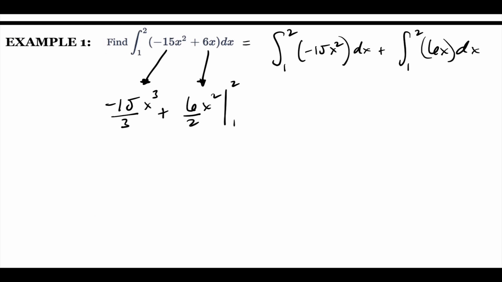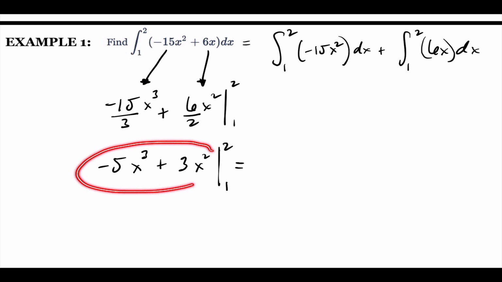That's where we're going to evaluate it, from 1 to 2. So let's simplify it first. Negative 15 divided by 3 is negative 5, x to the third, plus 3x squared. Okay? So this right here is the antiderivative.